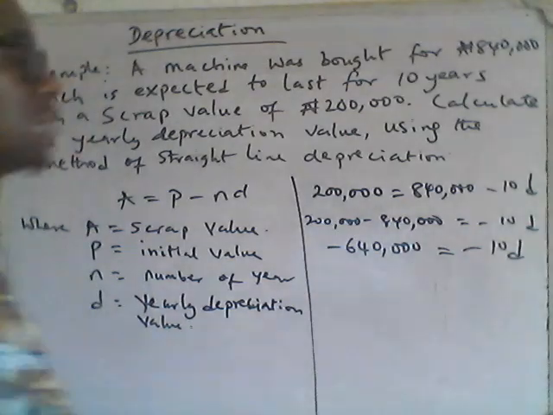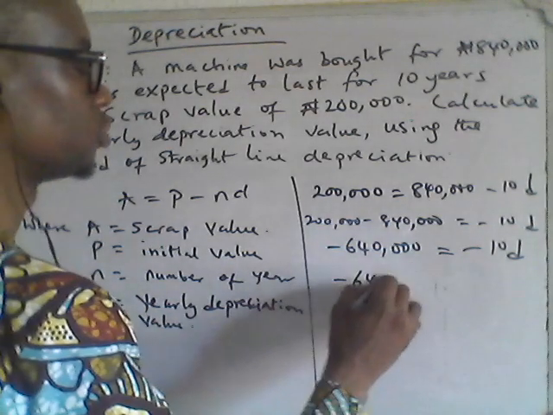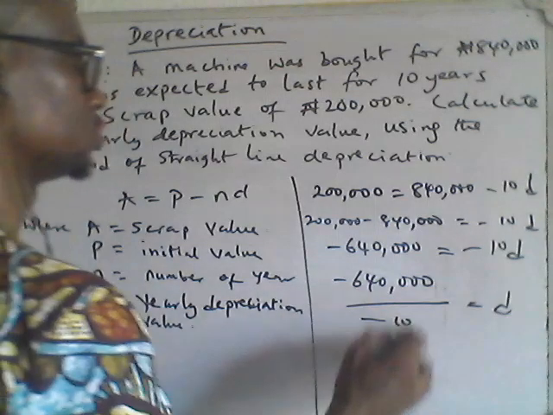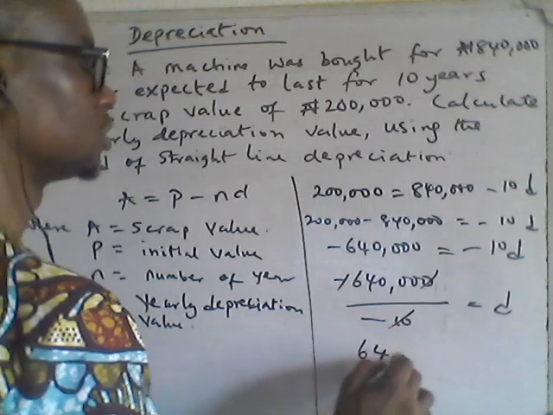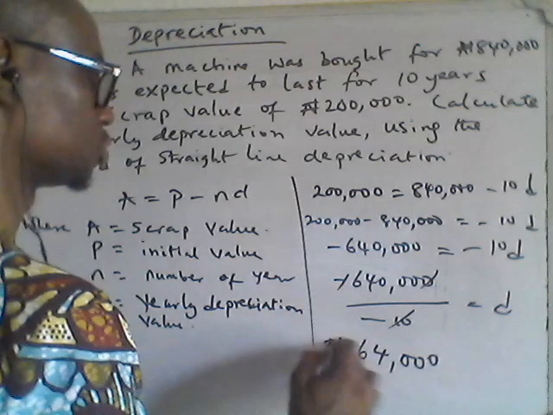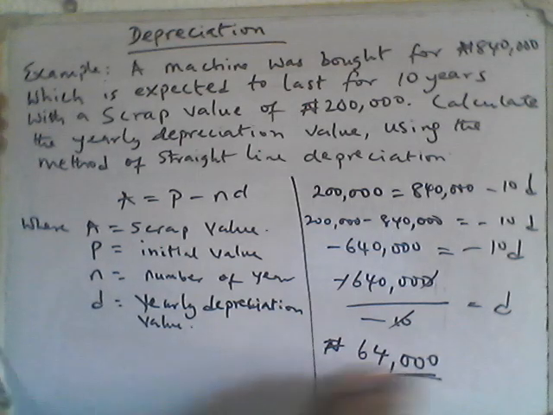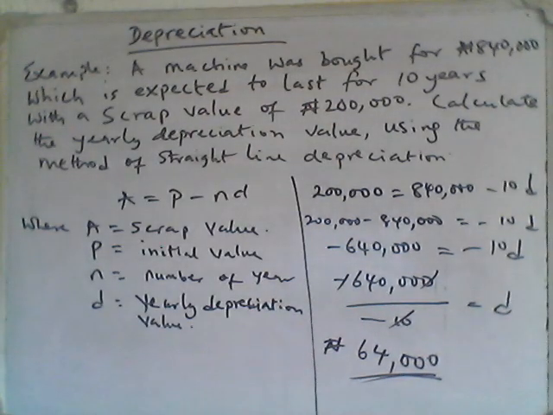If I divide both sides by minus 10, I have minus 640,000 over minus 10 equals D. This will cancel. I have 64,000. 64,000 is the yearly depreciation. So every year you remove this amount, so that it goes gradually until it gets to 200,000. I hope this clarifies. Let's go to the next one.